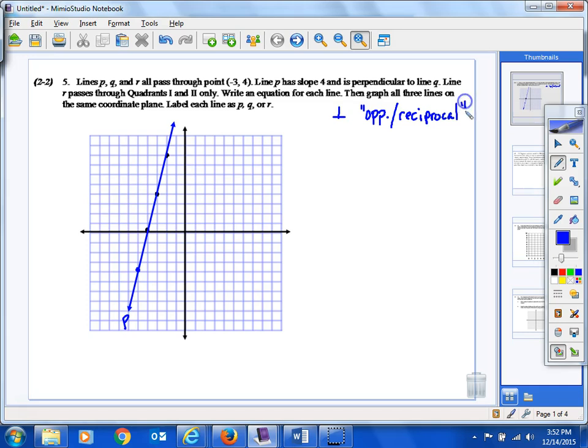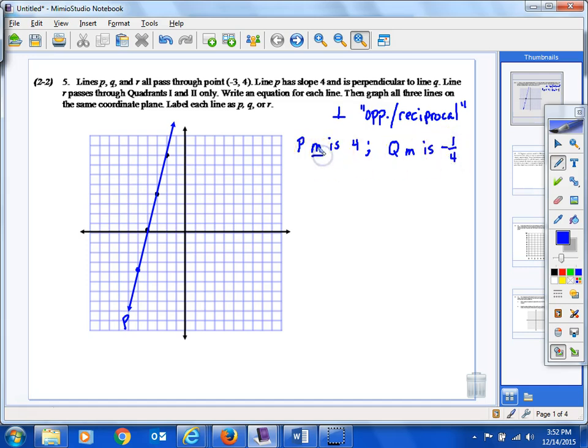So if the slope for line P is 4, then the opposite of 4 is -4, and the reciprocal of -4 is -1/4. So the slope for line Q is -1/4.